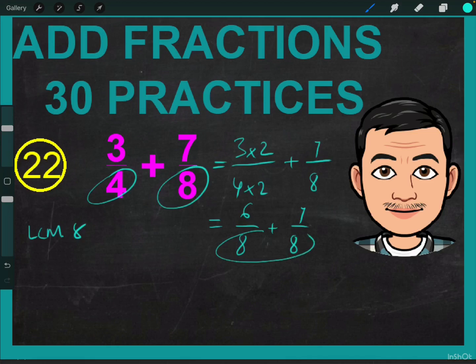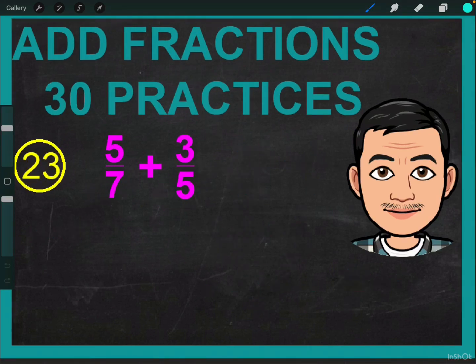Now they have the same denominator, so we just need to add the first numerator and the second numerator, and we got 13 over 8 as the answer.